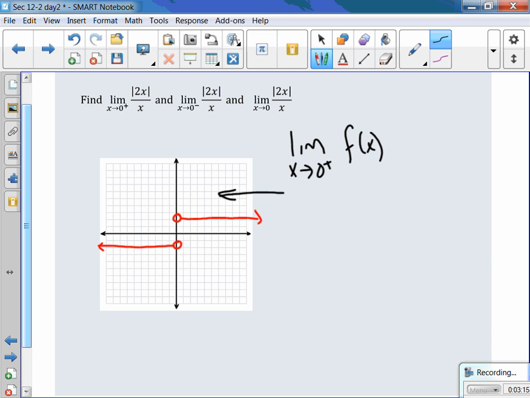As it gets closer and closer to 0, it looks like it's approaching the same constant, and it's going to have a value of 2. So the limit of f of x as x approaches 0 from the left, we're now down here. Coming from the left, as I get closer and closer to 0, I have a value of negative 2.